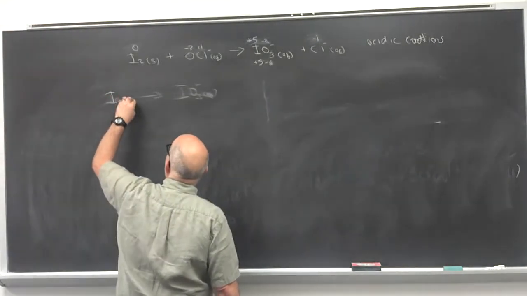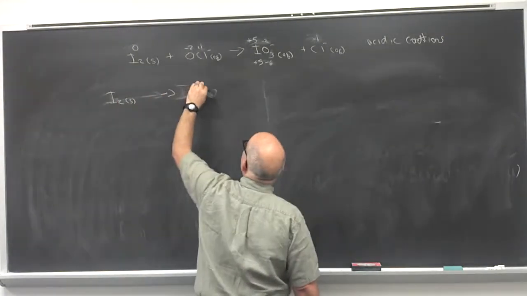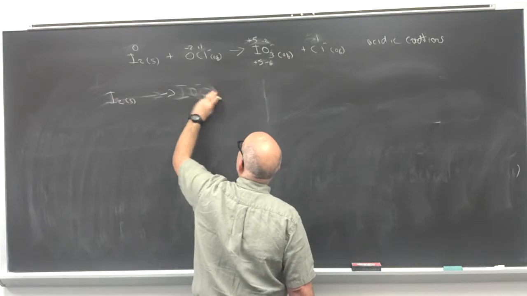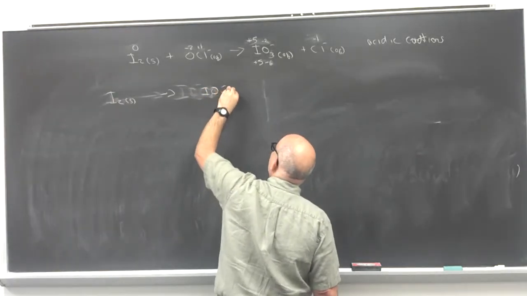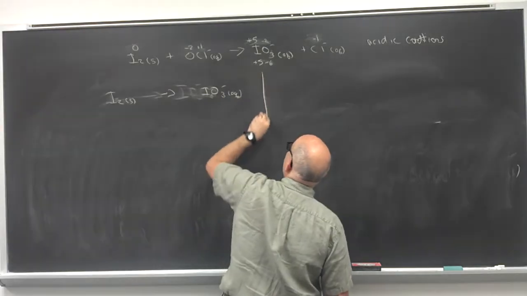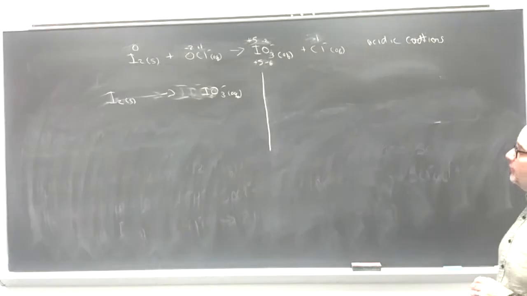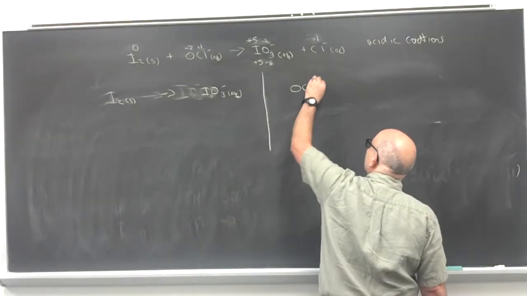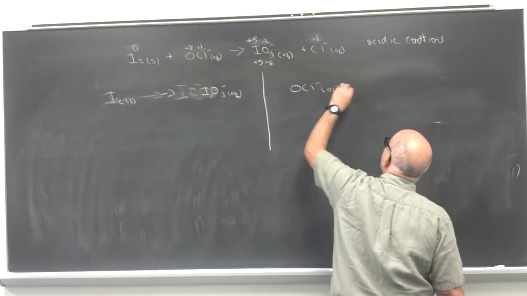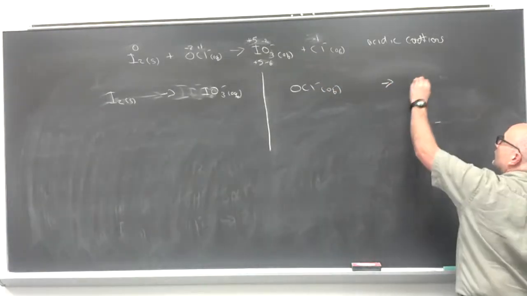So we have I2 solid becoming iodate, IO3 minus aqueous. And on the reduction side, we have chlorine going from +1 in OCl minus to -1 in chloride.